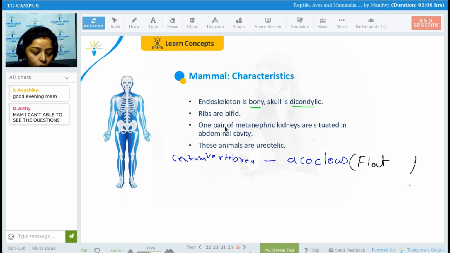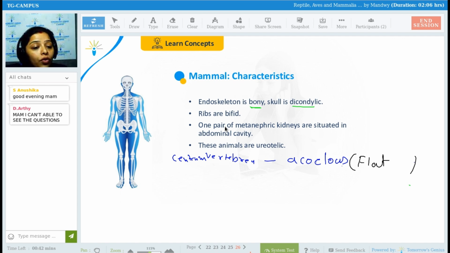Okay. How many rib bones do we have? 12 pairs of ribs. Sorry, 12 pairs of rib bones are there. And these bones are either directly or indirectly attached to the sternum.